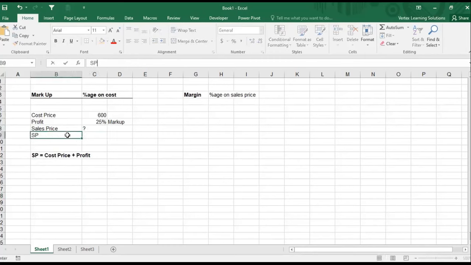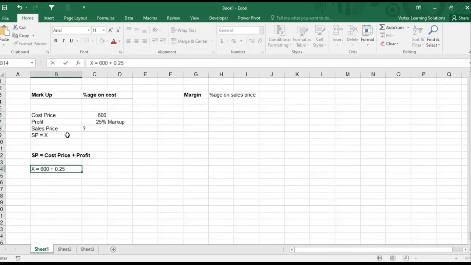So we assume that selling price is equal to X. So X is equal to cost, 600, plus profit. Profit is how much? 25%. 25% means 0.25. And now it is a case of markup.